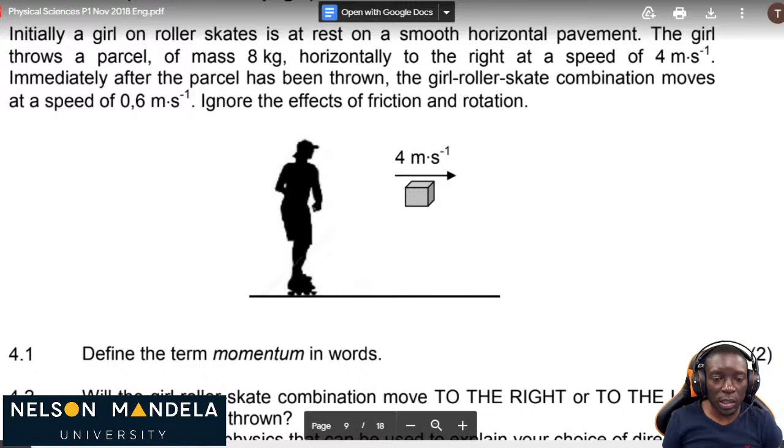So this is the question given. The description is of a girl carrying a parcel which she throws to the right, and the parcel has mass 8 kgs. And when it's thrown to the right, its speed is 4 meters per second. So it has a velocity of 4 meters per second to the right.